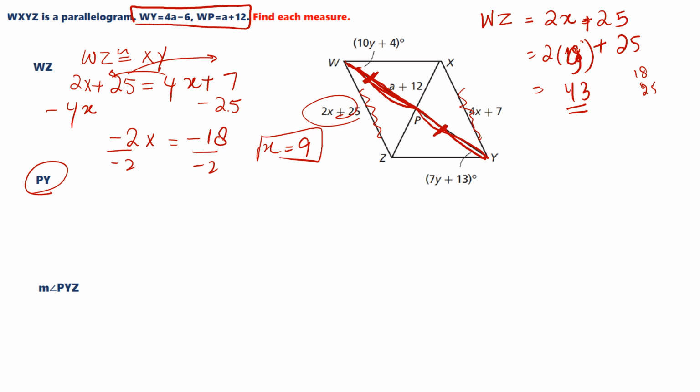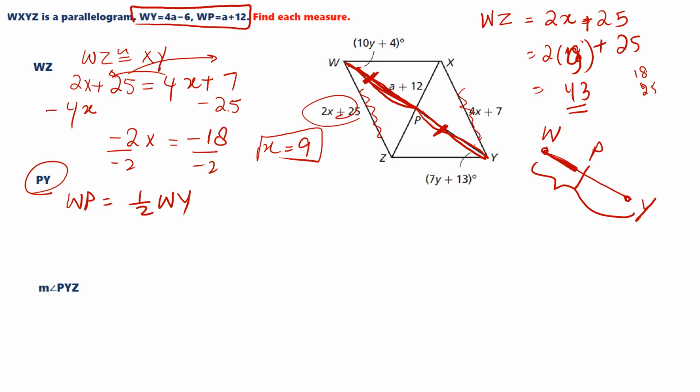And what is WP? WP is half of WY. So this is the whole thing, right? Here it is W, here it is P, and here it is Y. So WP is half of WY.